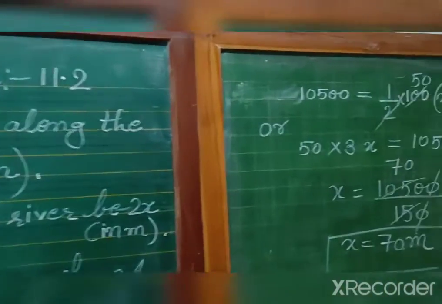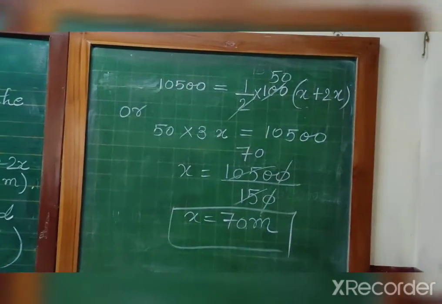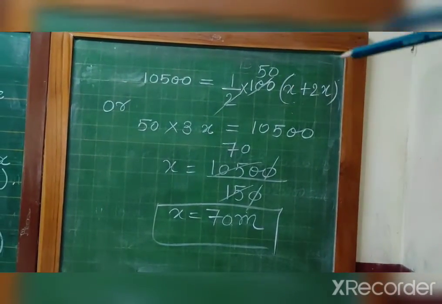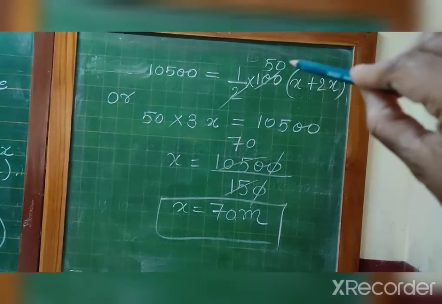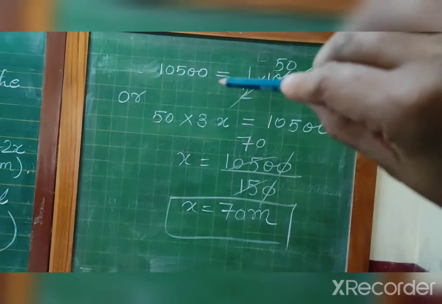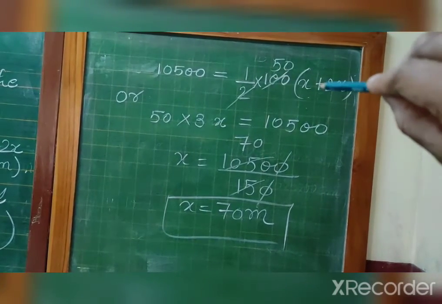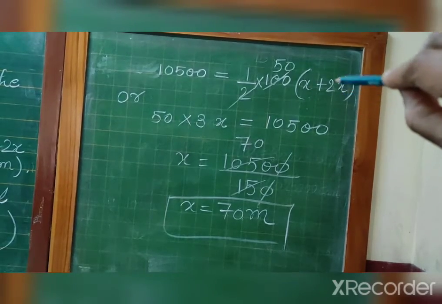The area is given in the question, so 10,500 is equal to half into 100 into x plus 2x. Now 100 divided by 2 is 50. So x plus 2x is 3x.